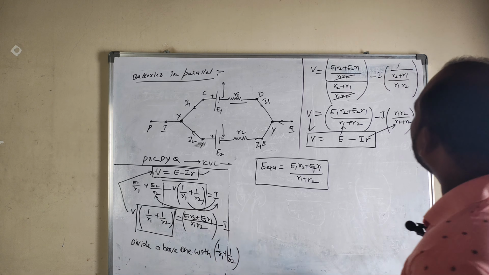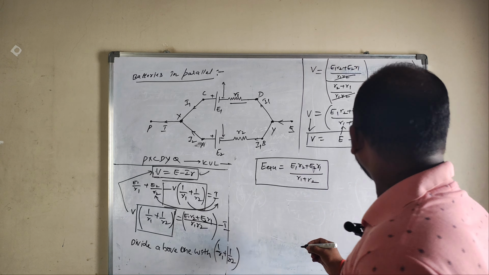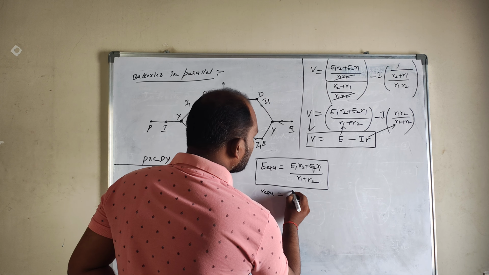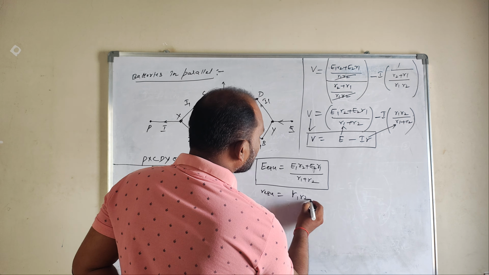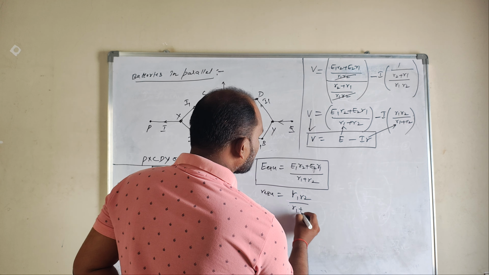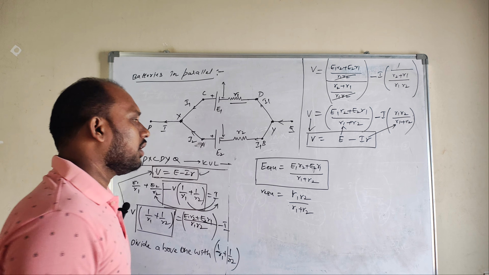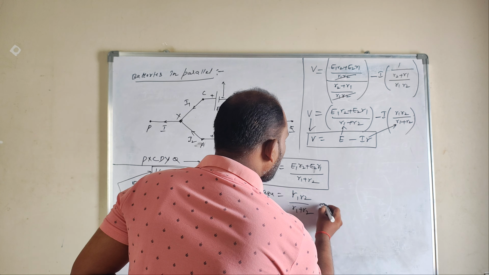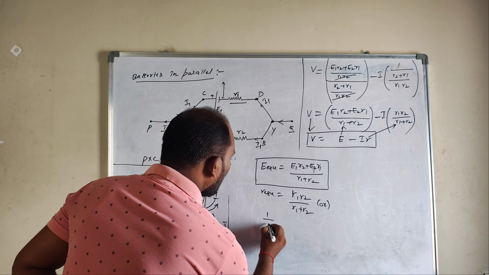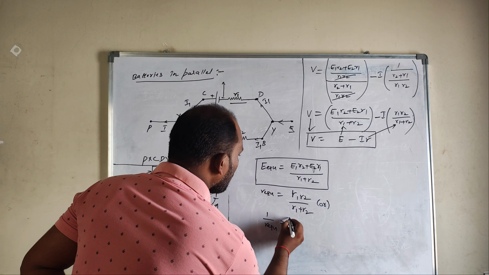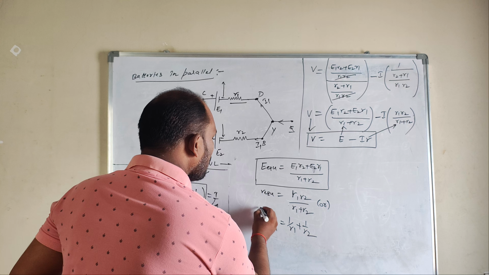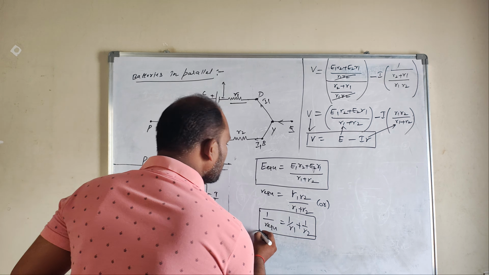Next, R equivalent you want. So R equivalent is equal to R1 R2 / (R1 + R2). Otherwise 1/R equivalent is equal to 1/R1 + 1/R2. Your wish.